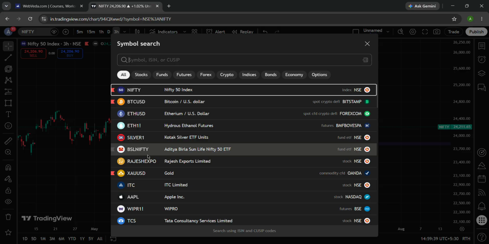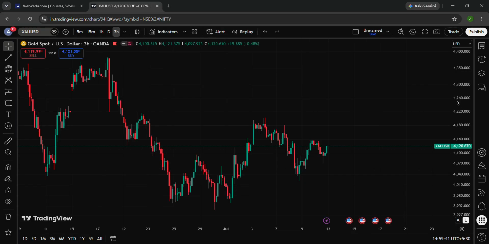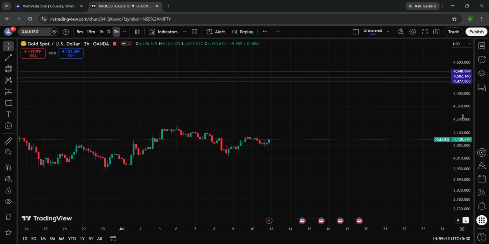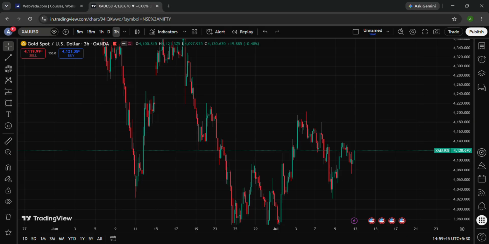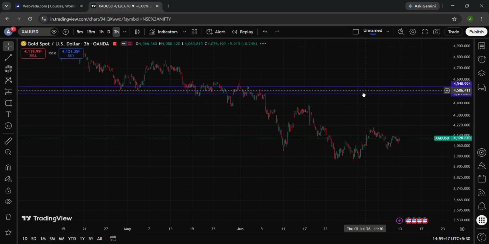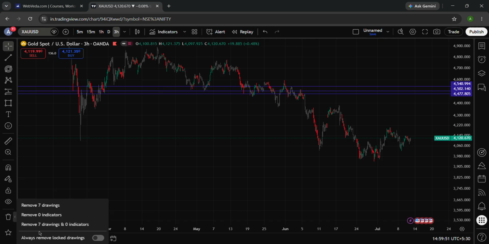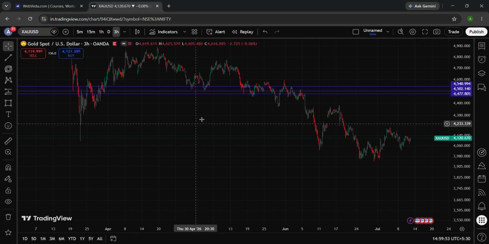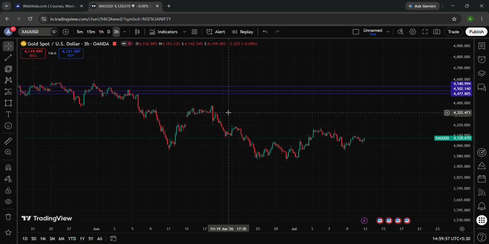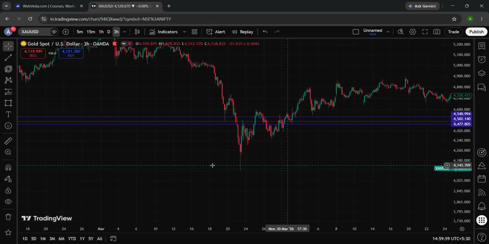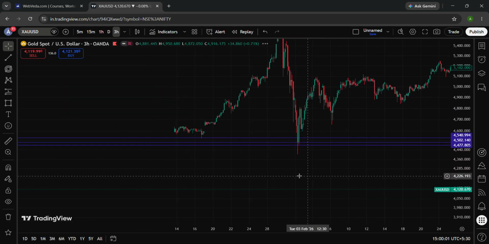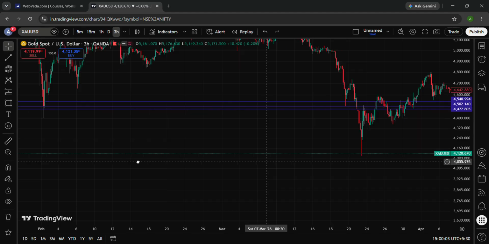Let's change it and cover gold. It is such a lovely chart, and I like the chart also. So apart from that, let's continue our journey. That is something which I have marked, and if you see, it worked perfectly.